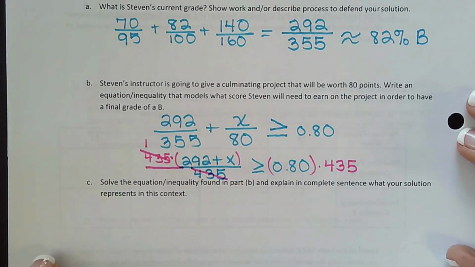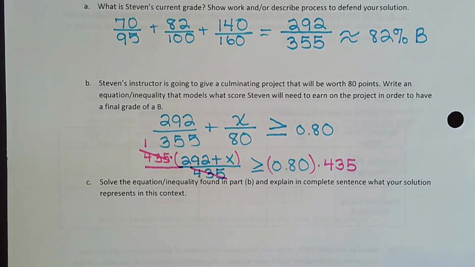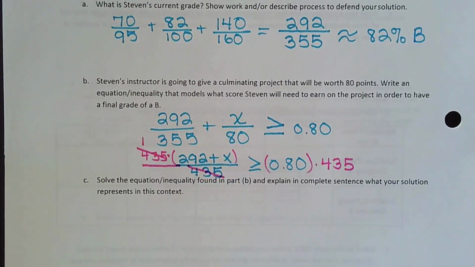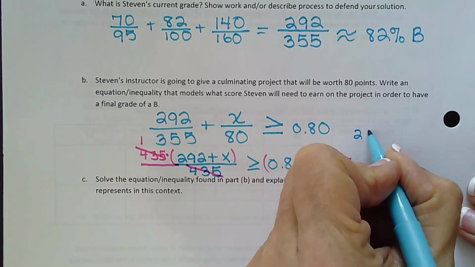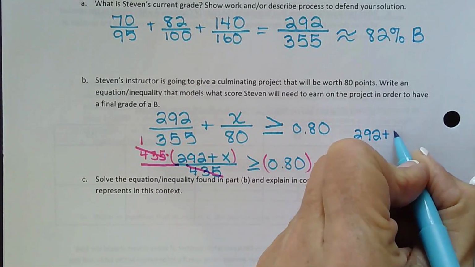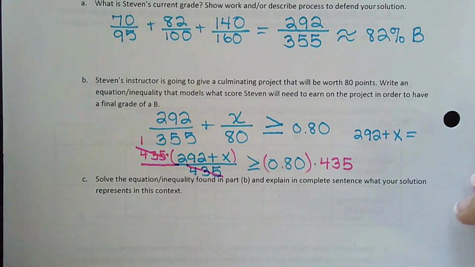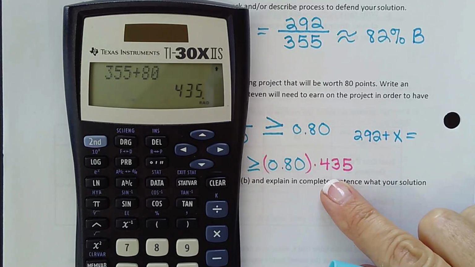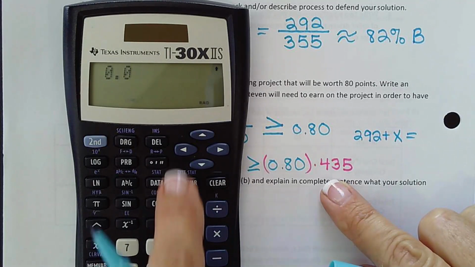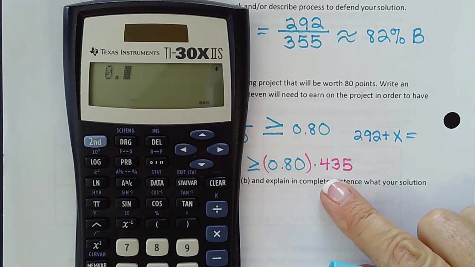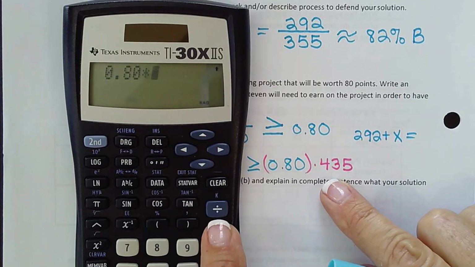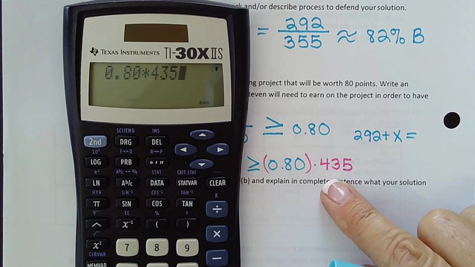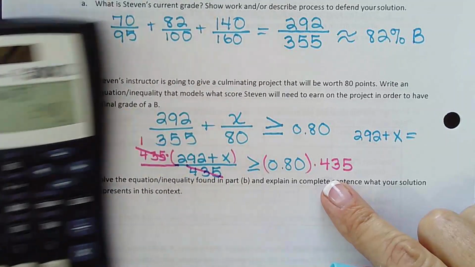Anything divided by itself is 1. So we're left with 292 plus x equals 435 times 0.80. Whoops. That's why I love this calculator. Just back up, 0.80 times 435. 348.